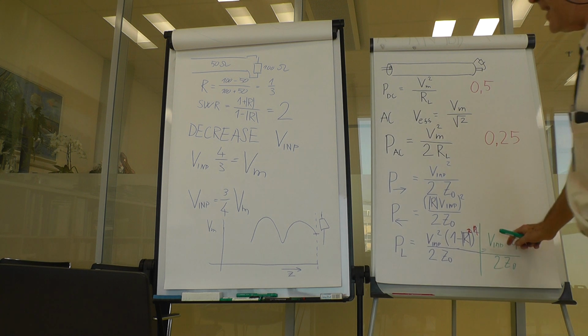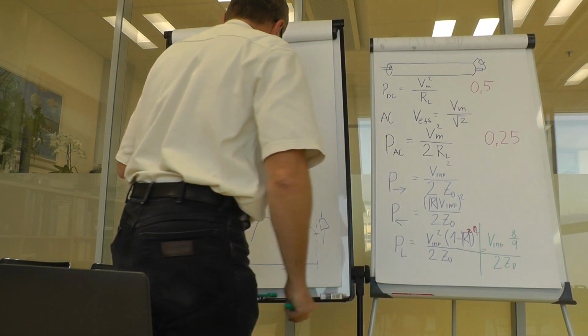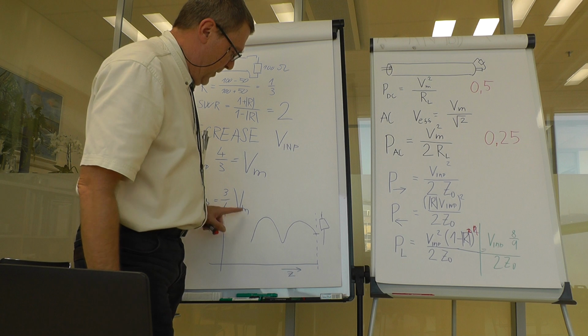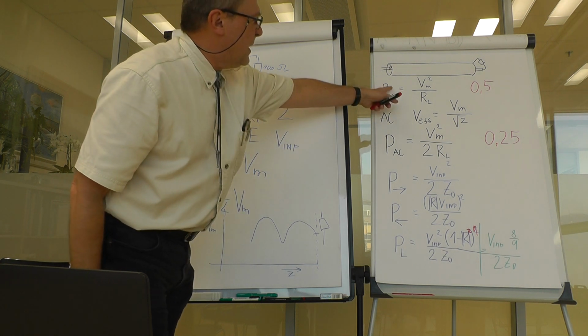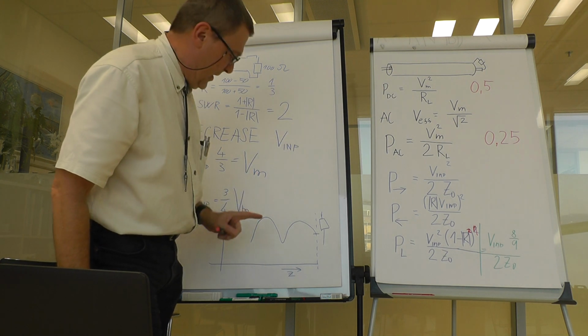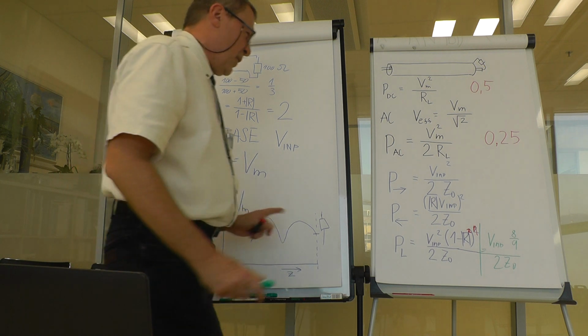But now we have to consider that the input voltage is only 3/4 of the maximum voltage that could be used in the DC case. And this should be input here.